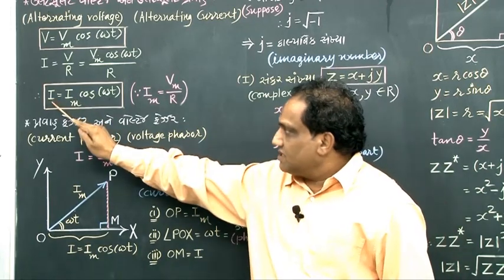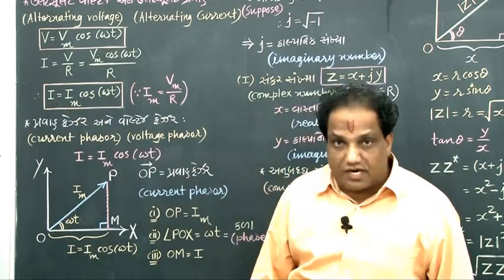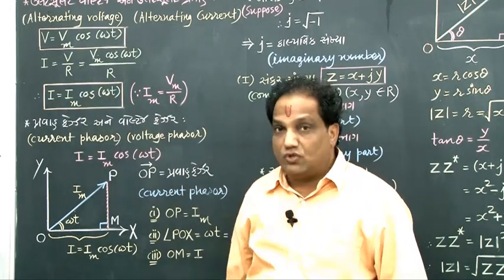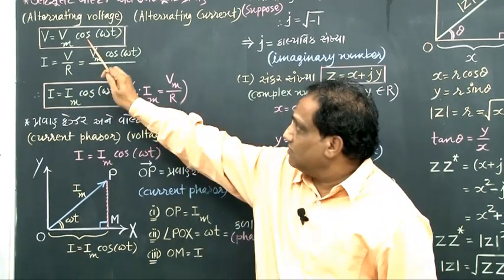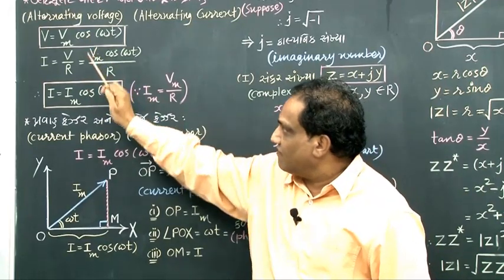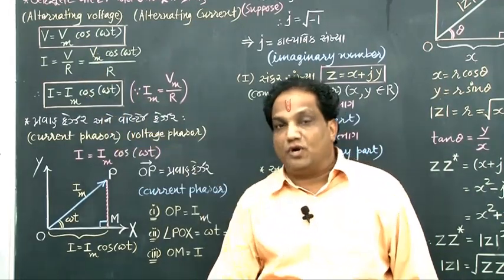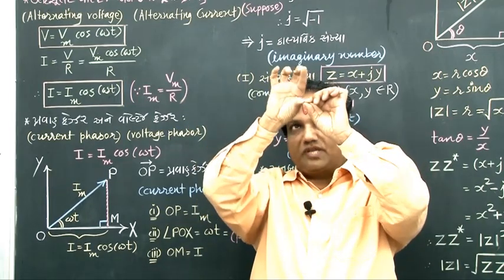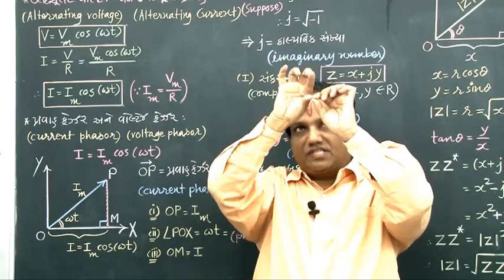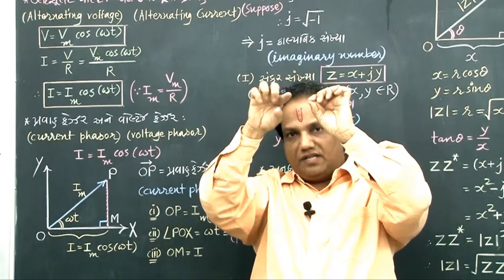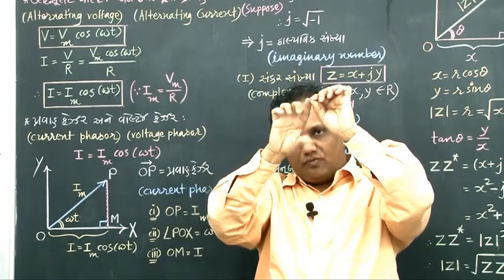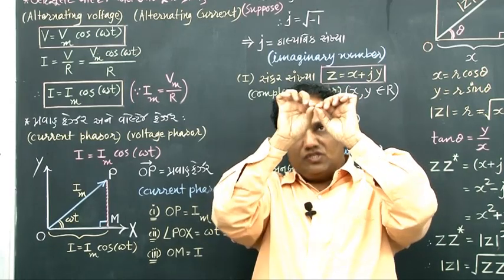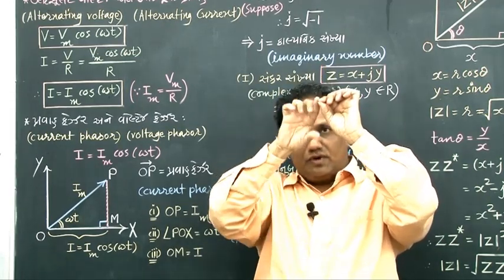How you can say that this quantity is changing periodically? Because in the formula of this current and voltage, you can find out, come on, there is some periodic function. And you know periodic function value changes from, look, 0 to maximum, it decreases from maximum to 0, again it increases on opposite side from 0 to maximum, again it decreases from maximum to 0. 0 to maximum to 0 to maximum to 0.